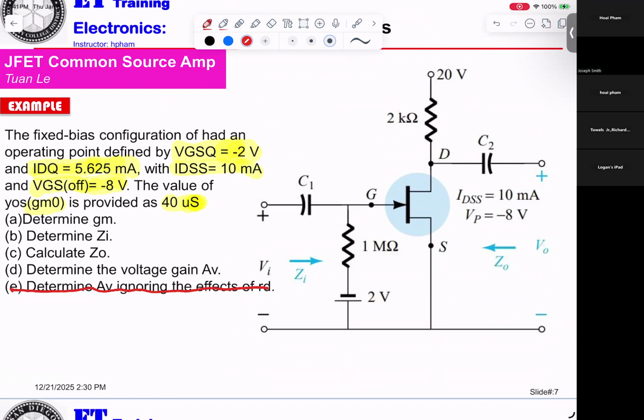That's a very, very basic minimum. You have to know how to do it, even if they give you the formula.